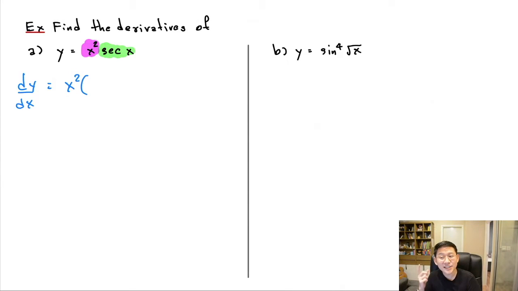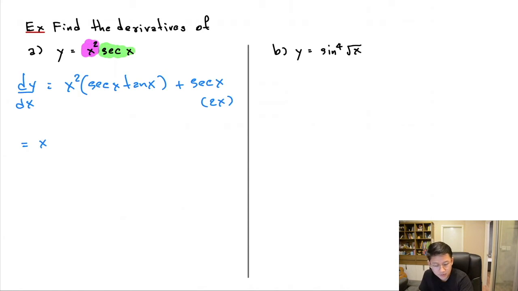D sec is sec tan. So this is what we have: x squared sec x tan x plus v, which is sec x, du would be 2x. So the answer would be x squared sec x tan x plus 2x sec x, and that's the answer.